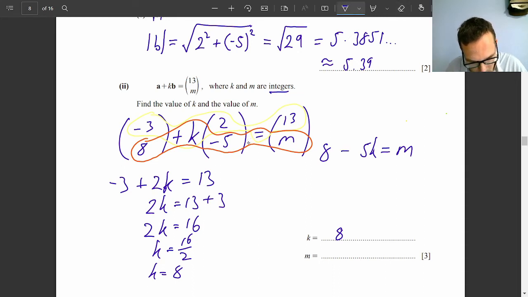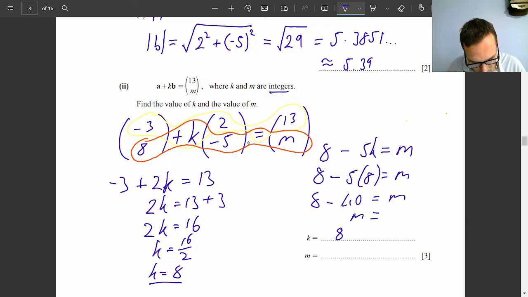So we can change that to negative. Right, we know what is k. That is 8. So it gives us 8 minus 5 times 8 equals m. That gives us 8 minus 40 equal m. So m equals negative 32. And we've done it. Well done.